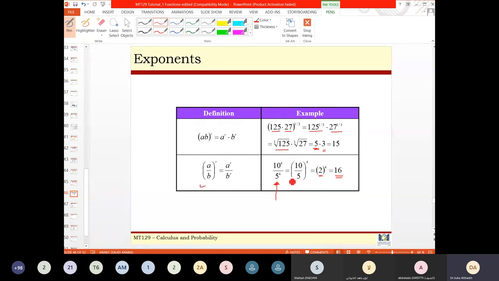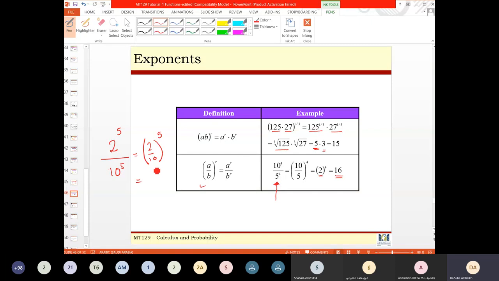When the power is the same. Like for example, if I have 2 to the power 5 divided by 10 to the power 5, the bases are not the same but the power is the same. This can be written as 2 over 10 all to the power 5. Correct?